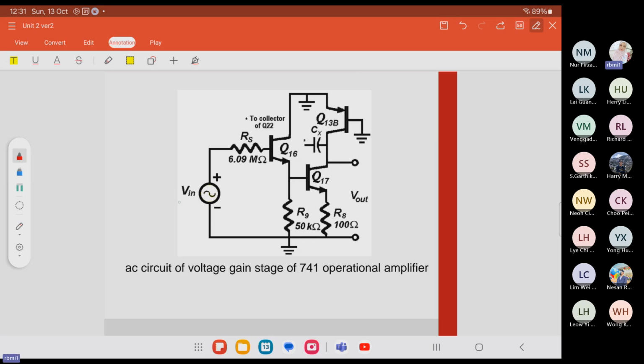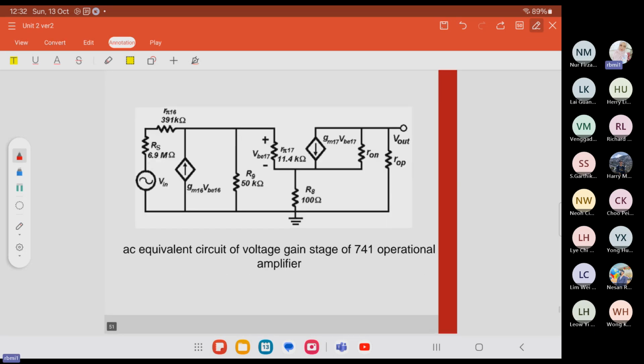We have V in and resistance RF, representing the Thevenin equivalent circuit of the differential stage as measured earlier. So this is the AC equivalent circuit with the V in and RS value.